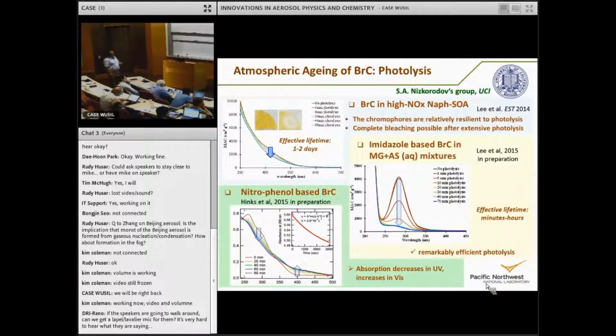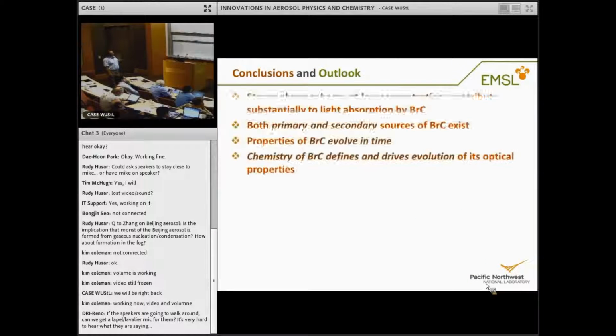So with that, I'll give you some conclusions from our observations. We believe that strong chromophores at low concentrations contribute substantially to the light absorption by brown carbon. We know now that there are primary and secondary sources of brown carbon.